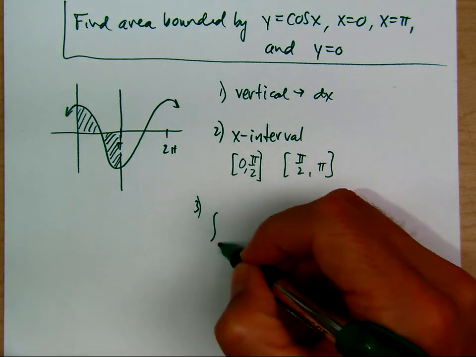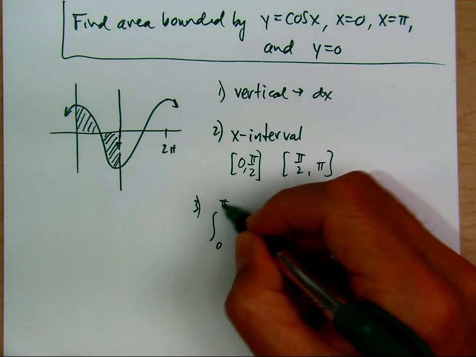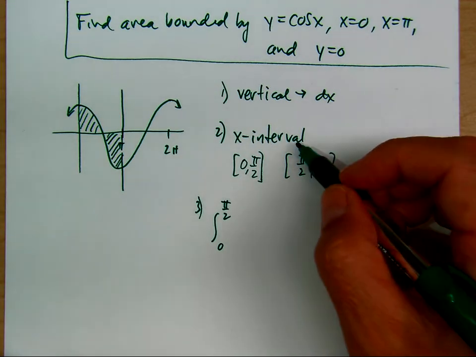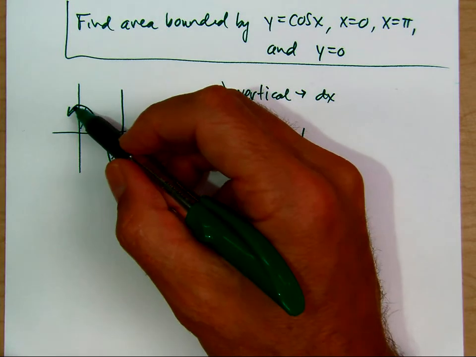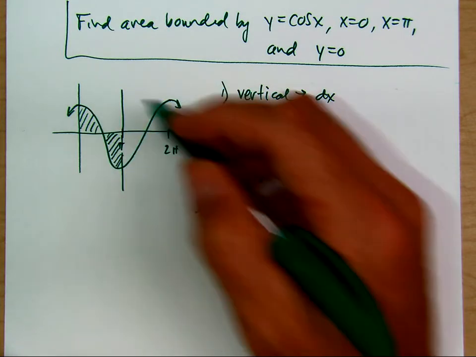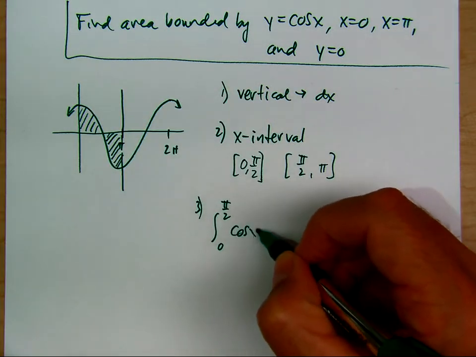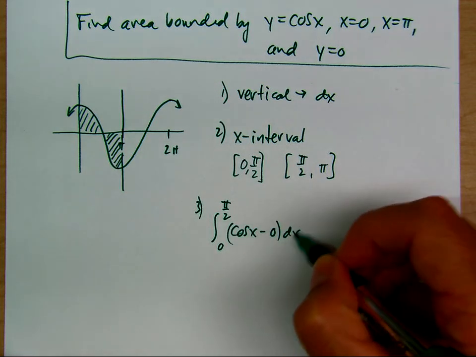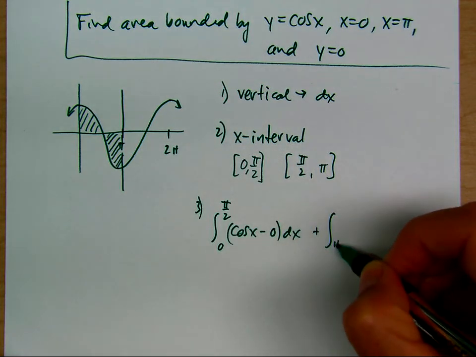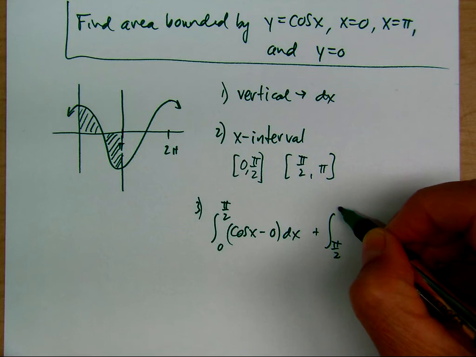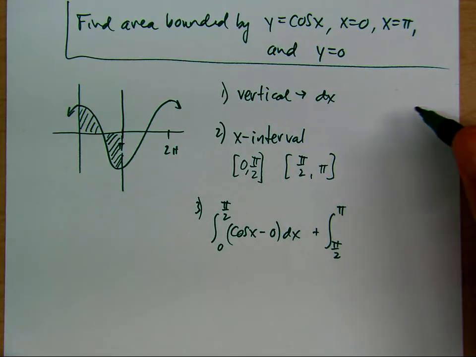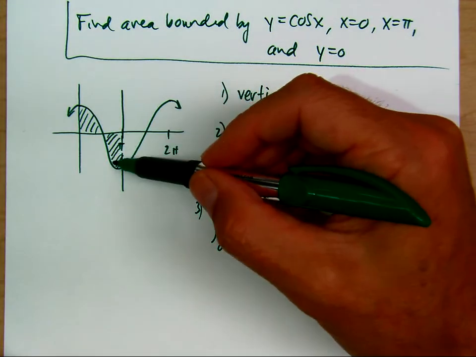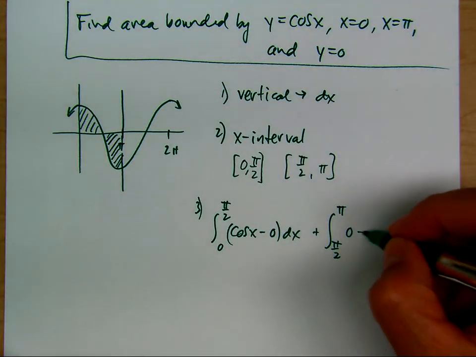So we integrate from 0 to pi over 2, and we'll have top minus bottom. So the top is cosine. The bottom is 0. Now the top is 0 and the bottom is cosine.